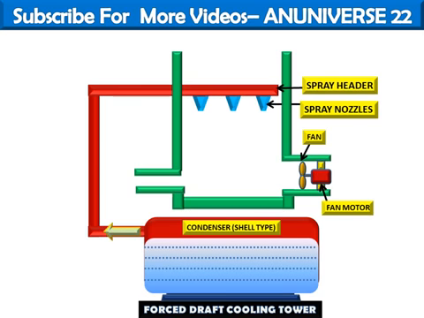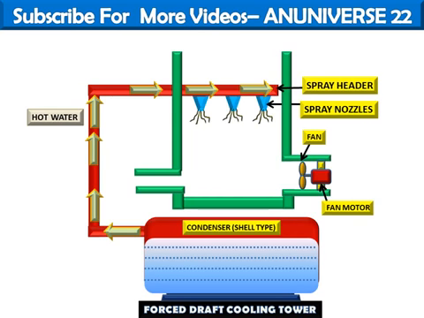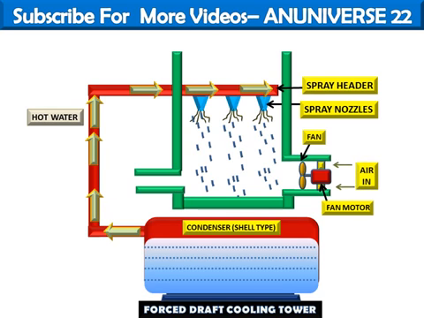With the help of the arrows we can see the path of the hot water that is supplied from the condenser to the spray header, and with the help of the nozzles it is supplied into the bottom of that structure. These are the droplets of the water, and here we can see the air entered, and this is the path of the air that moves upward, and this is the water that is collected.